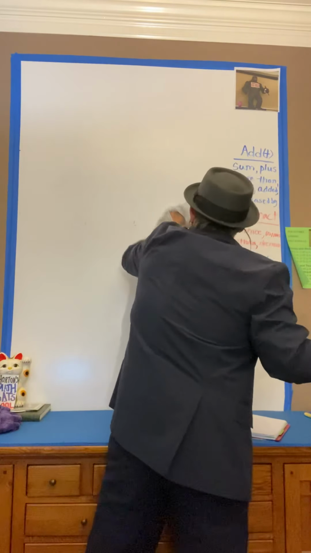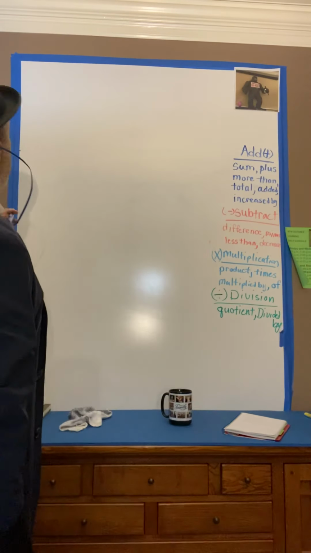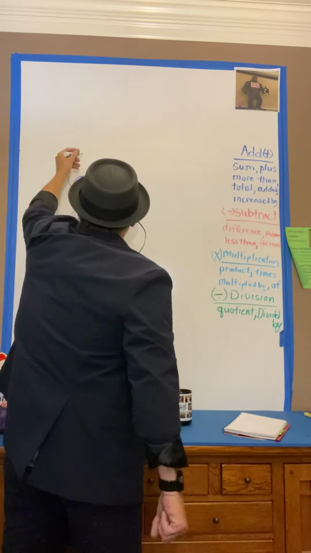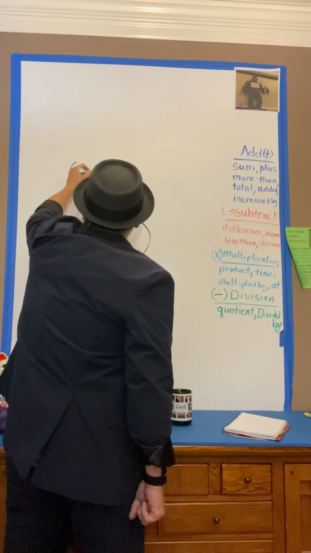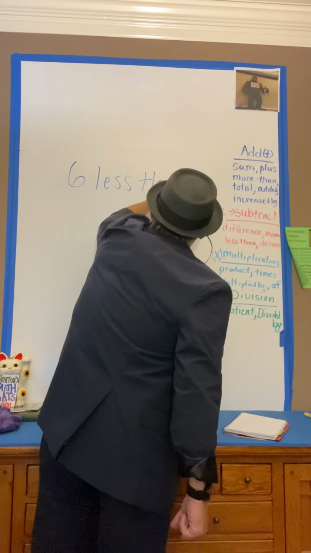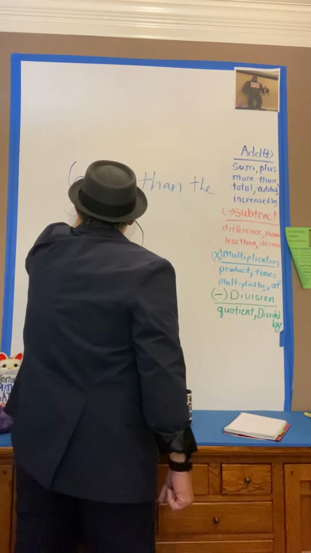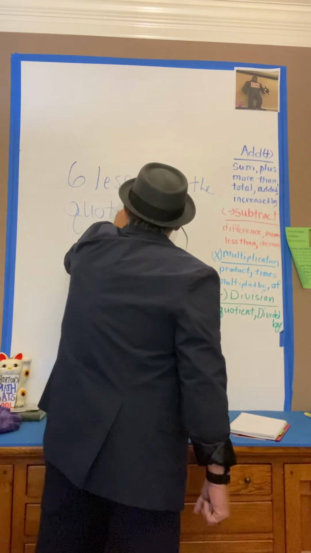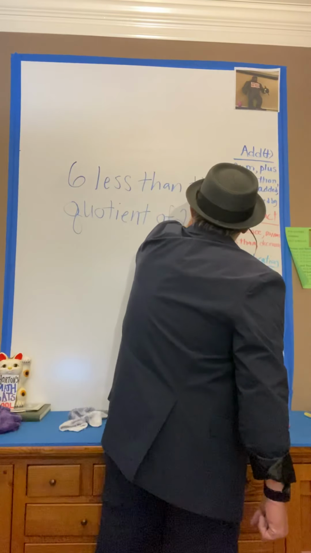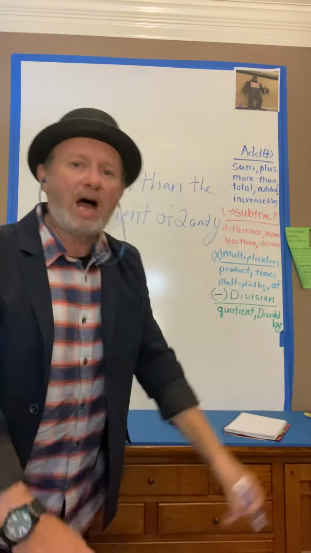Let's say 6 less than the quotient of 2 and y. 6 less than the quotient of 2 and y.